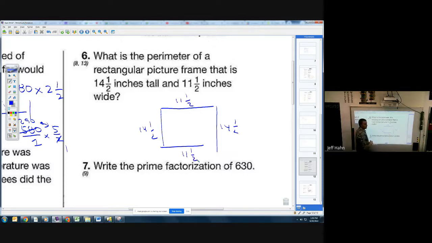Did you really? This half plus this half would be 1, right? And that half plus that half would be another 1, right? So you have 2 and then just add 14, 14, 11, and 11? I'll do it out for you. 14 and a half plus another 14 and a half plus an 11 and a half plus another 11 and a half. Half plus half plus half plus half is 2. Carry the 2. 8, 9, 10, 11, 12. 1, 2, 3, 4, 5.